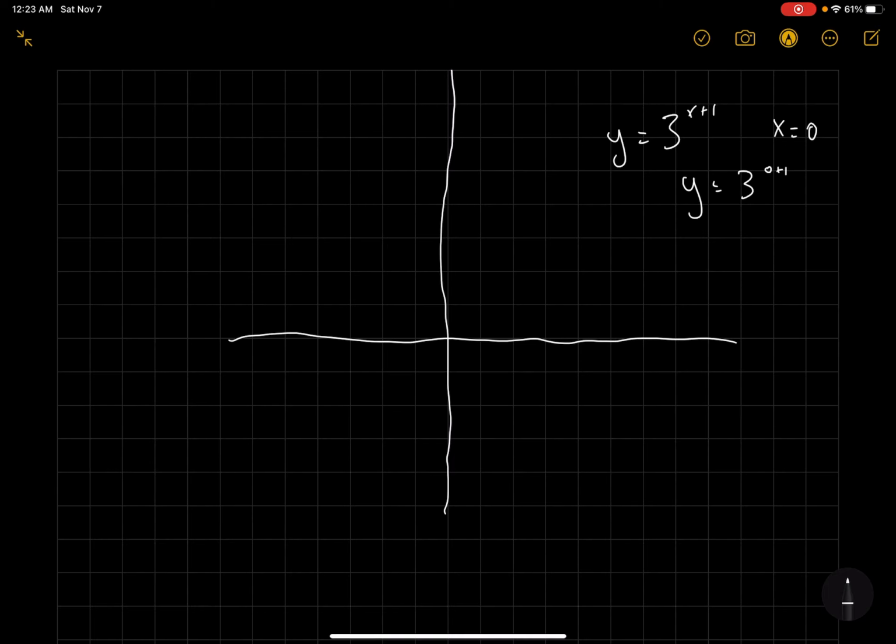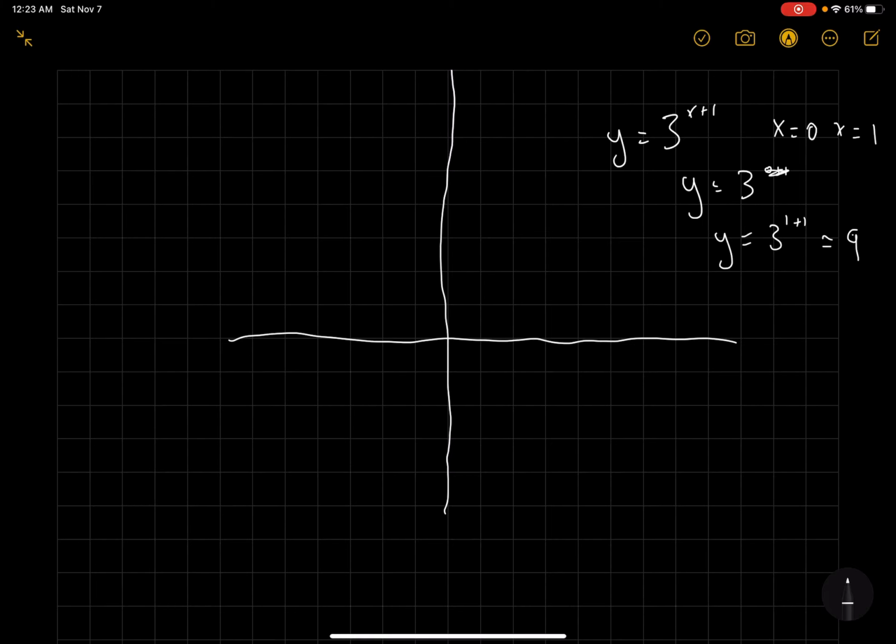So 3 to the 1 is just 3. What if we had x equals 1? Well, y is equal to 3 to the 1 plus 1. Well, 1 plus 1 is 2, so 3 squared is 9. So y equals 9.